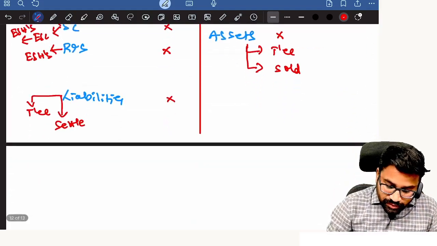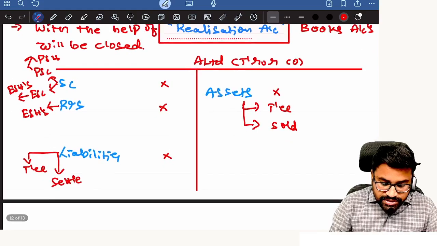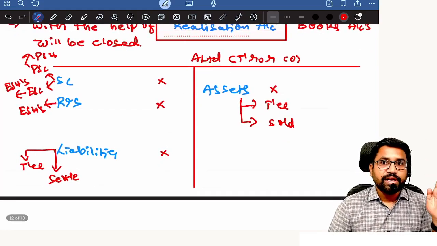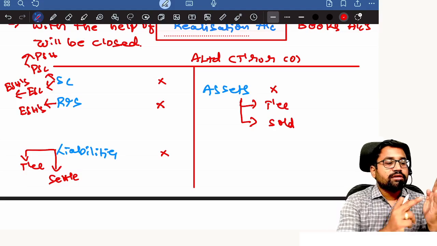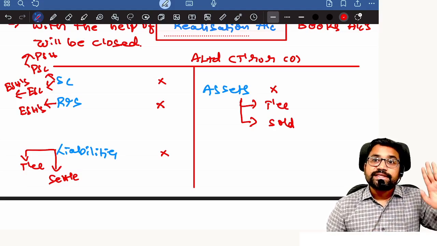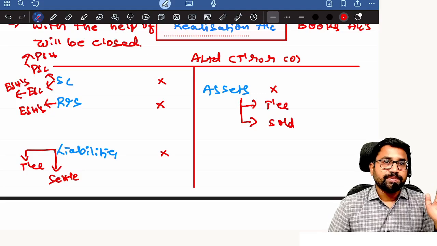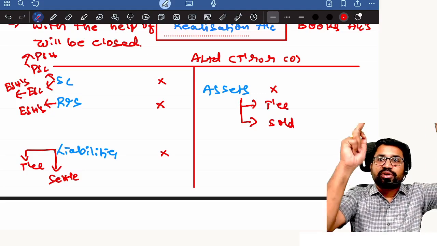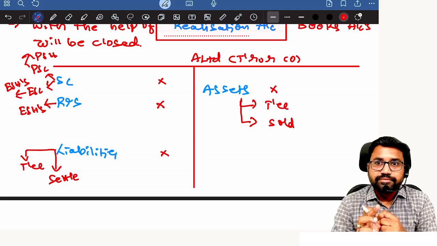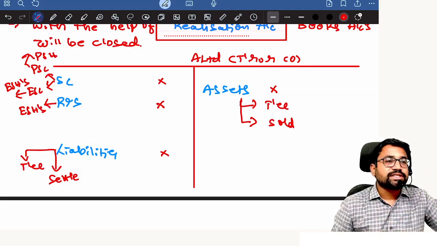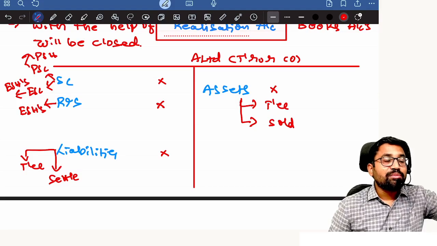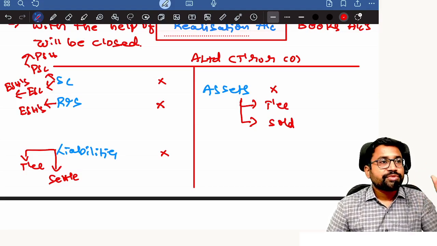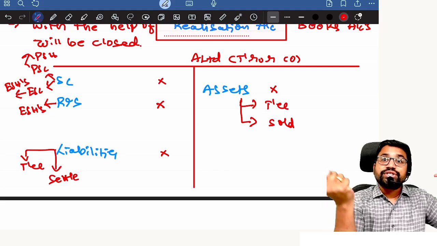But see, the order of remembering things is like this. First, listen, everybody. First, for transfer of assets taken by the transferee company, realization account debit to assets. For transfer of liabilities taken by the transferee company, liabilities to realization. Third, purchase consideration due.